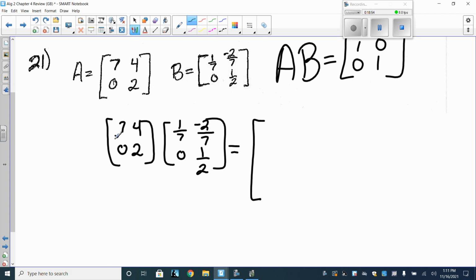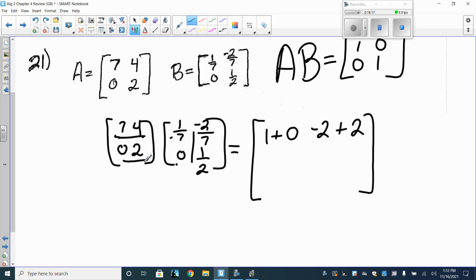So we would have 7 times 1/7, which is 1, plus 4 times 0 is 0. If we do it again, we'll go over and down. So 7 times negative 2/7 is negative 2. 4 times 1/2 is plus 2.